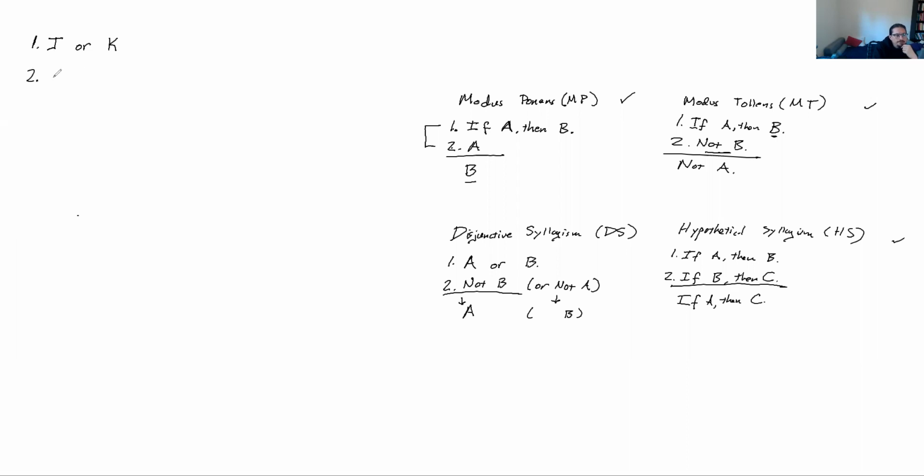We're going to say if k, then not... I'm sorry, I was about to make it more complicated than I should right now. We'll get to a more complicated one later. If k, then m.